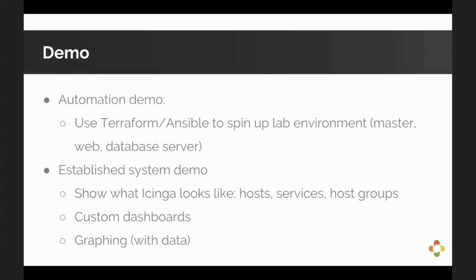Okay, so we have a couple of quick demos we want to share with you guys today. The first one is an automation demo where we're going to use a combination of Terraform and Ansible to spin up a lab environment. We do a lot of testing with Icinga here in our shop, and we have found that the more we can automate about building out lab environments, the faster we can get different test scenarios built out and evaluated.